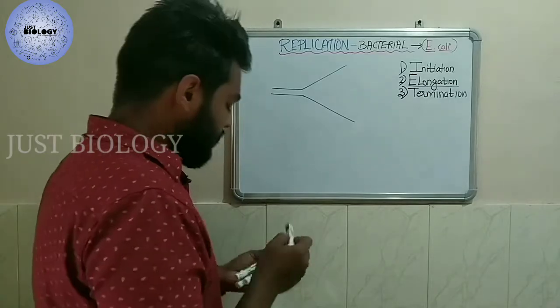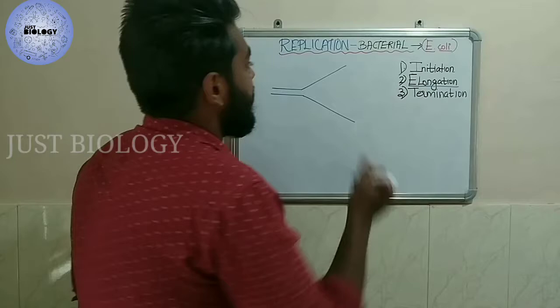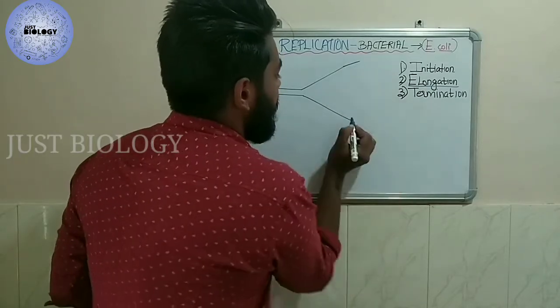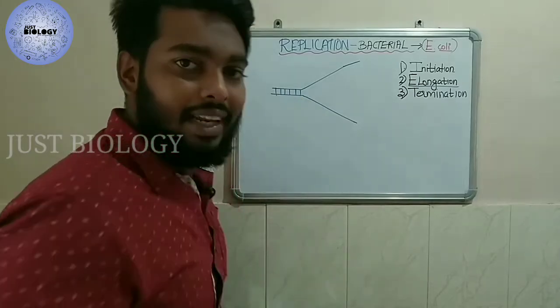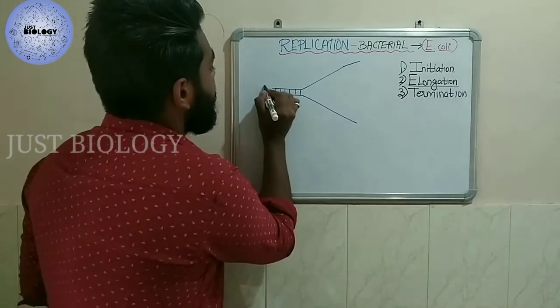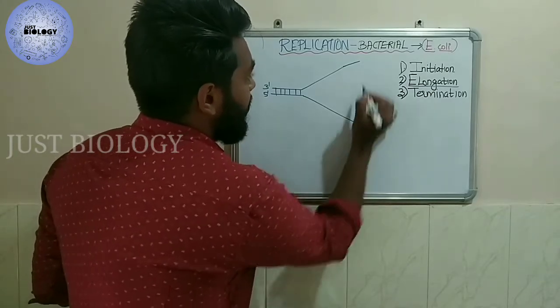Now, I told you the directionality of DNA replication. They usually run with 5' to 3' directionality. So here is the 3', here the 5', and here the 3', and here the 5'.